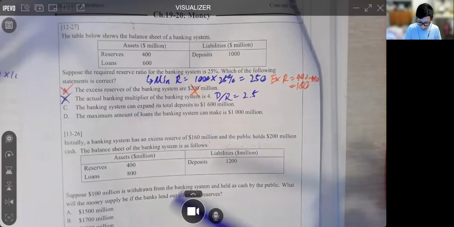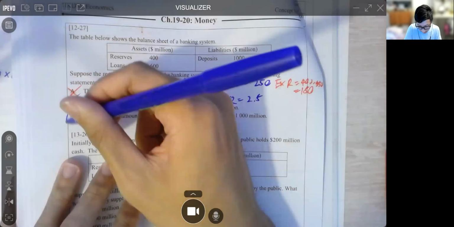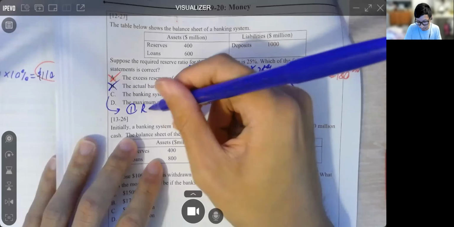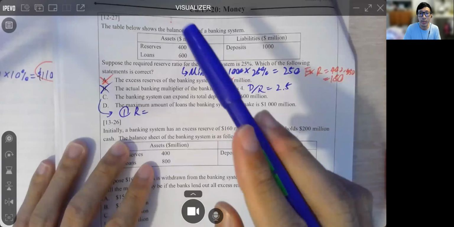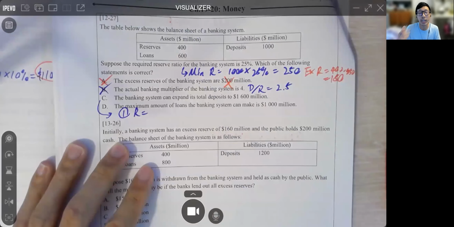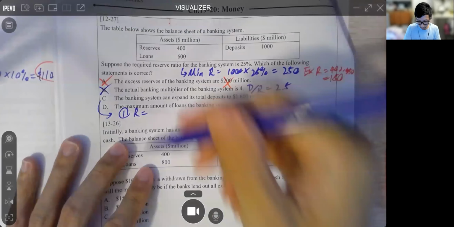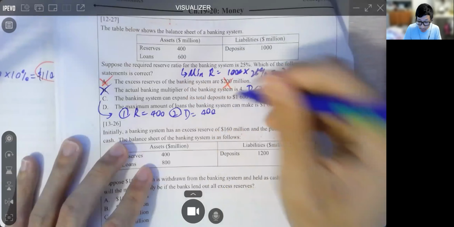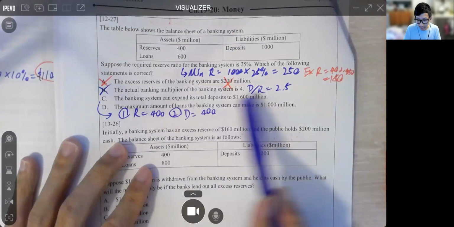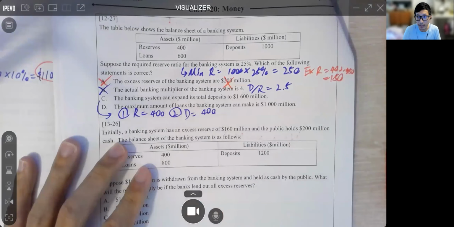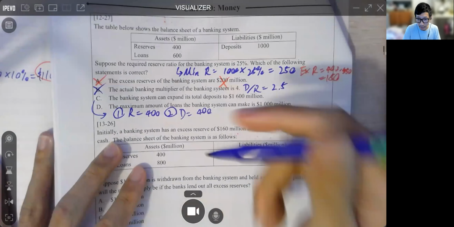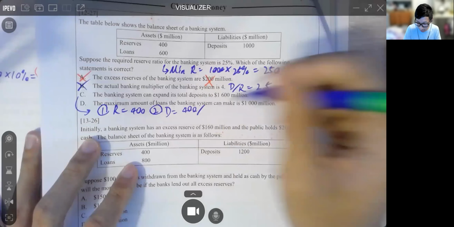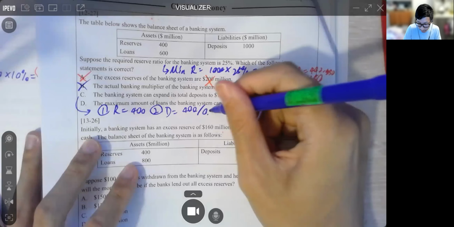The banking system can expand its total deposit to 1.6K. 我哋計下咯，好嘛？Again, how do we calculate? Step number 1, reserve. There is no withdrawal or injection of money. 冇多錢冇少錢，so 400. Step 2, deposit. 因為佢係 maximum 啊嘛，it is the maximum expansion. So again, we use our normal steps, divided by RRR, which would be 0.25.